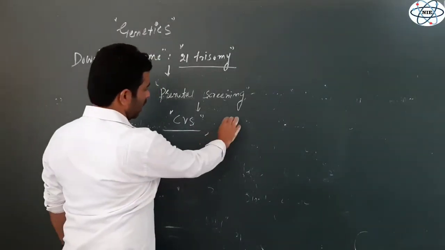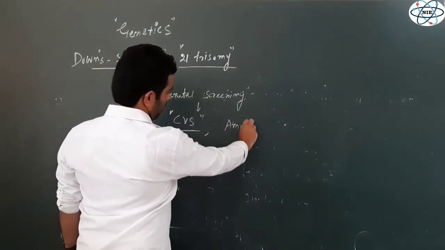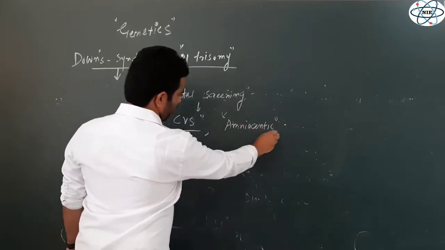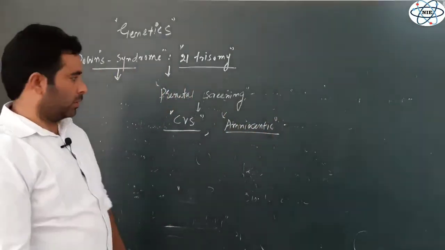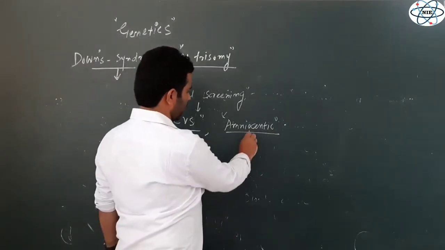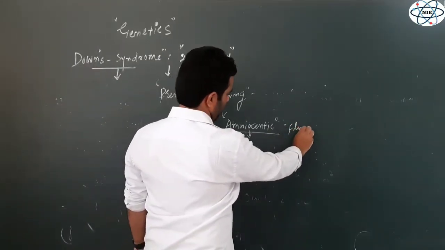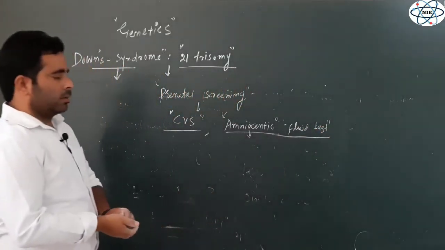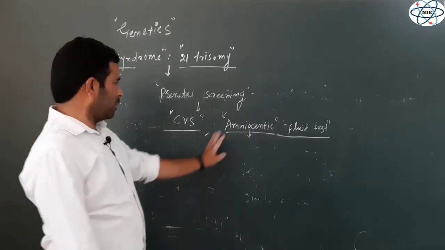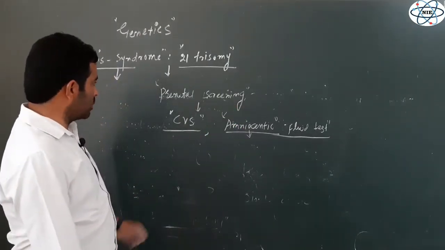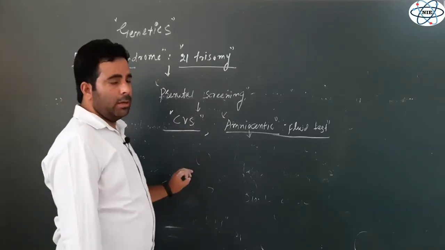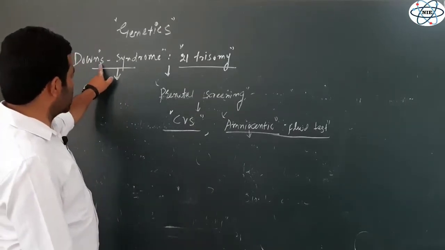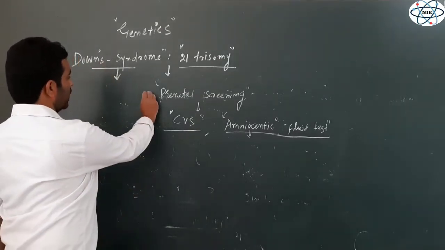We can also go for amniocentesis, or the amniotic fluid test, where amniotic cells can be used to find the exact number of chromosomes. Genetic screening is also there. With the help of these different diagnostic techniques, we can determine whether the baby who is going to be born has Down syndrome or not. So this is prenatal screening.